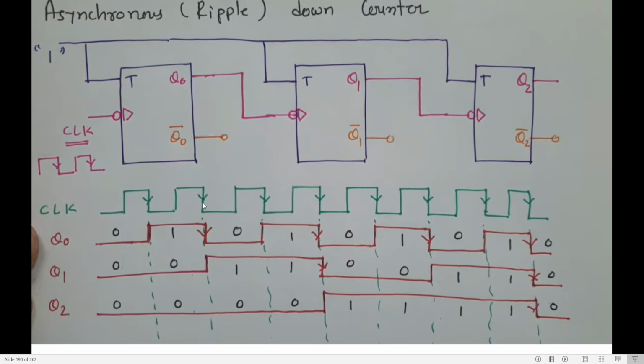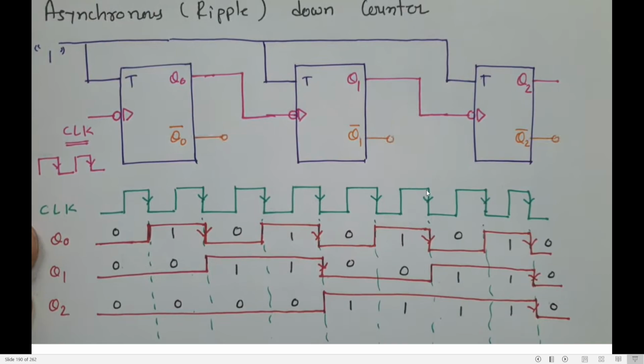Since I am getting my next negative edge here, till this point I will be only in 1. Since I have got the next negative edge, this 1 will toggle to 0. I will be in 0 till I get my next negative edge. At this point, I will toggle from 0 to 1. I will be in 1 till I get my next negative edge. Then 1 will toggle to 0, and I will be in 0 till I get my next negative edge. Then 0 will toggle to 1.